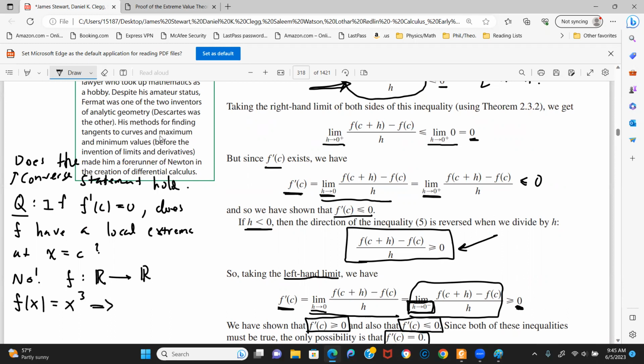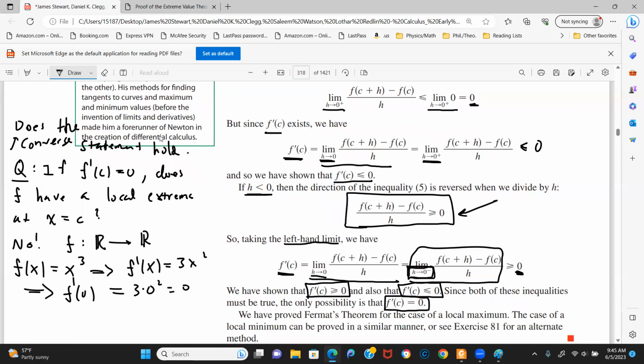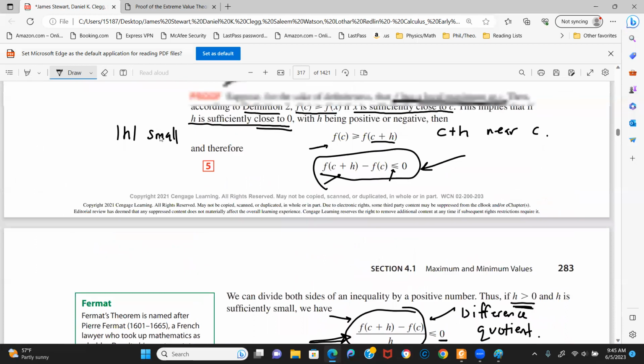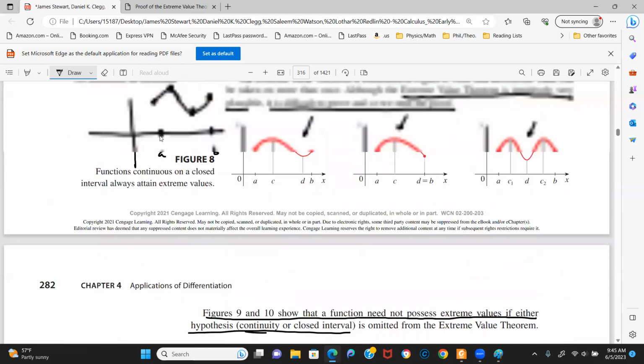So if you take the derivative, you get 3x squared, and if you plug in 0, f prime of 0, you get 3 times 0 squared, which is 0. So the derivative is 0 at 0, but remember, 0 is not an extrema. We looked at that example way up here.